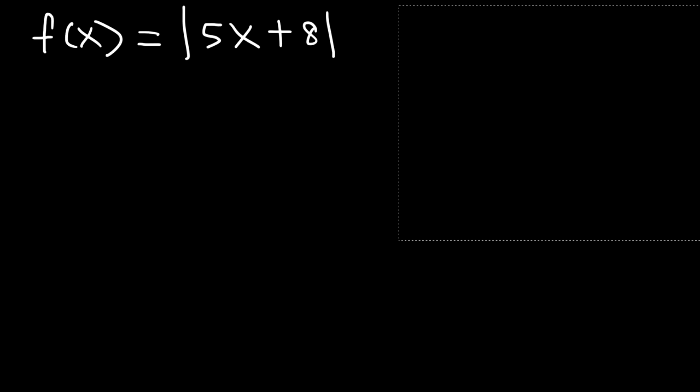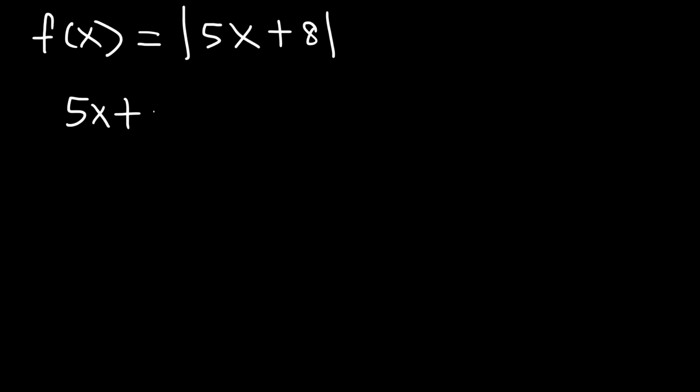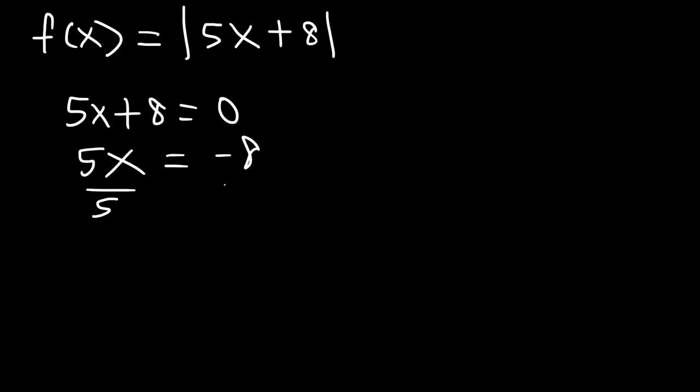So what about the example that we have, the absolute value of 5x plus 8? All we need to do is set 5x plus 8 equal to 0. Subtracting both sides by 8, we have 5x is equal to -8, and then we need to divide by 5. So the critical number is -8 over 5.